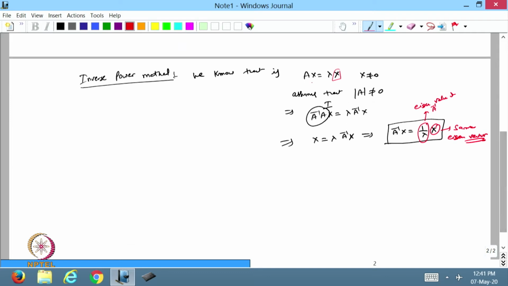Now, you know that from the power method, we are able to find the dominant eigenvalue and eigenvector.